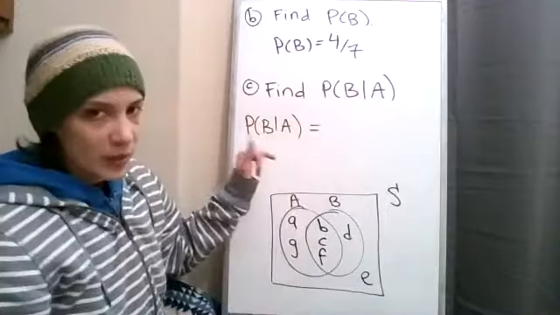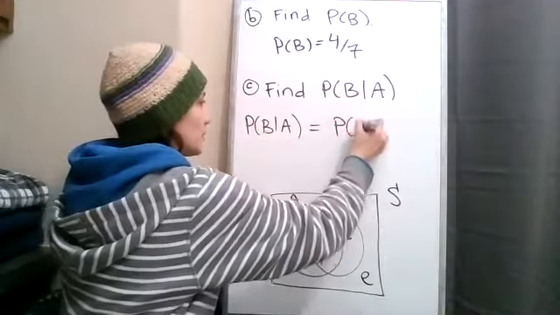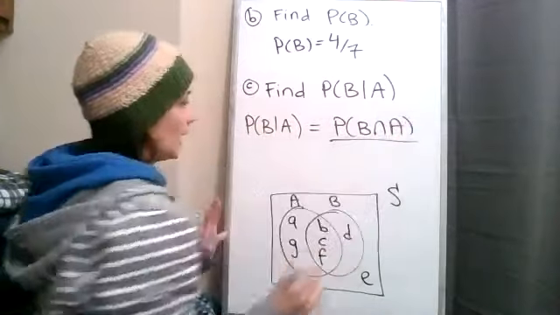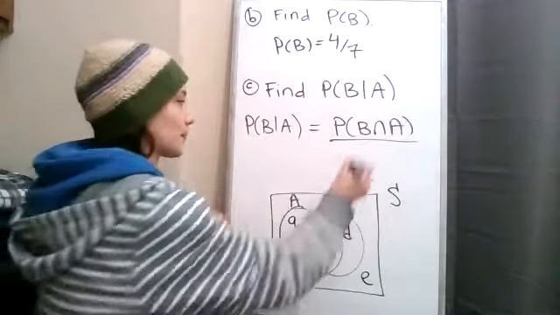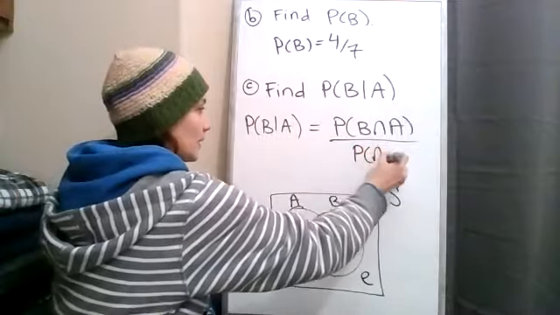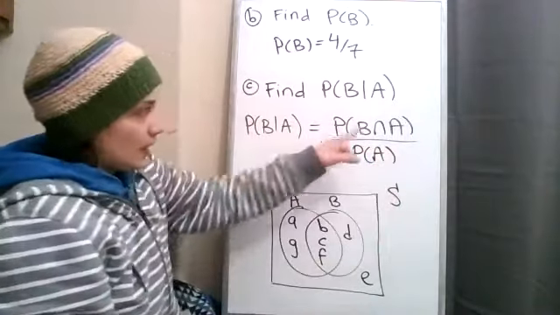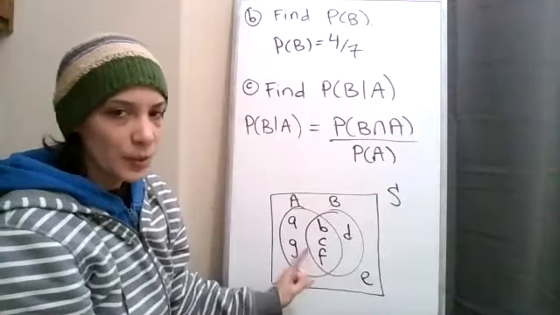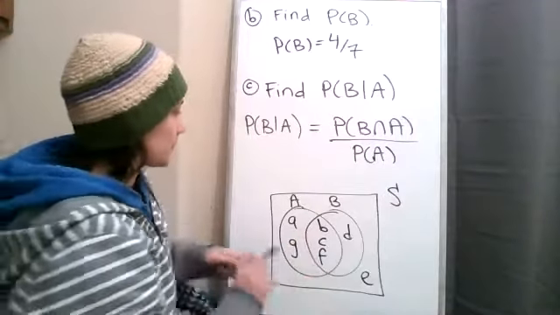Okay, you take the probability of B intersect A, and divide by what's in the second spot, probability for A. Okay, B intersect A has 3 outcomes, so the probability is 3 over 7.